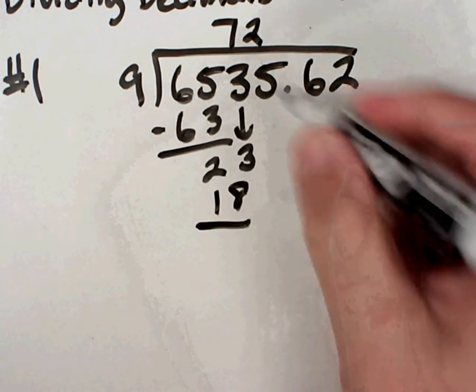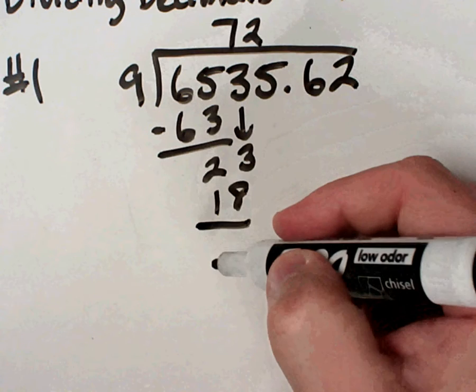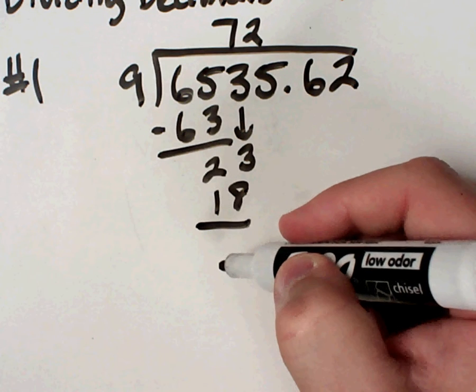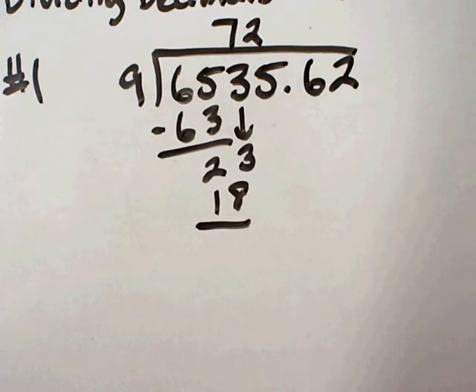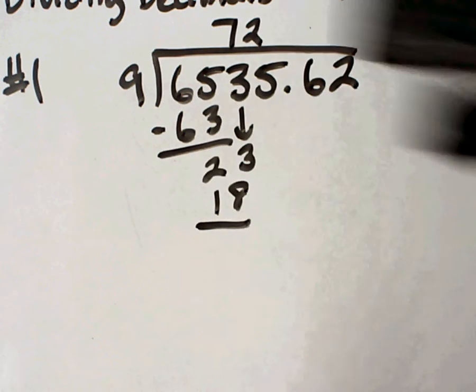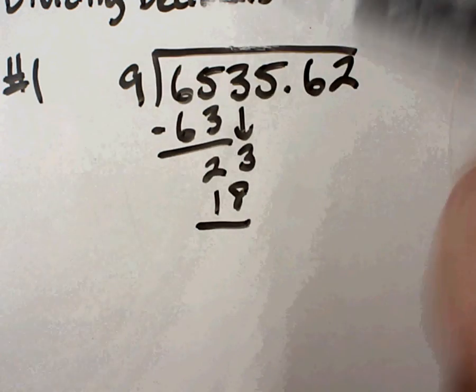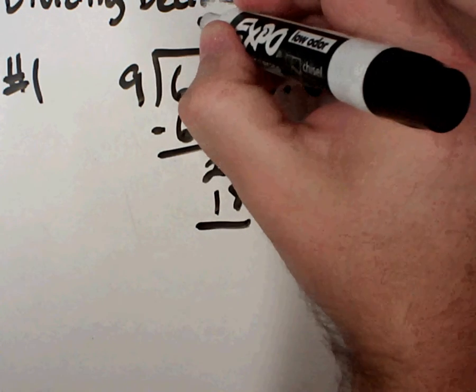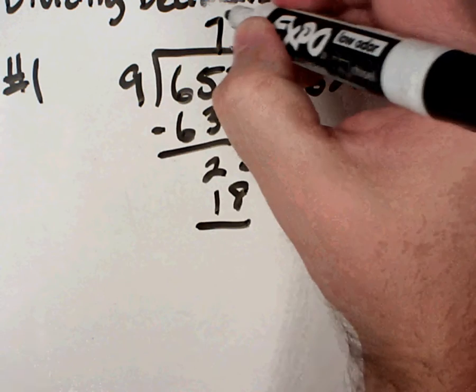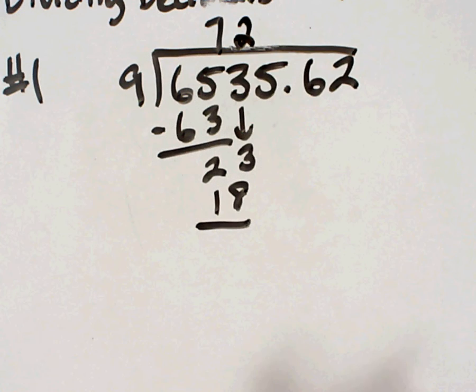Now when you're doing this, it's very important to make sure things stay lined up, especially when you get to that point with the decimal. I have actually not done a great job lining up here, so I'm going to adjust just a little bit to make sure I am good and lined up.